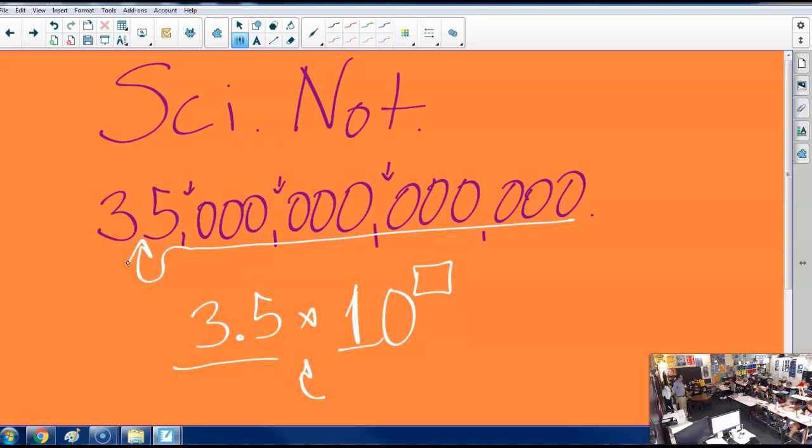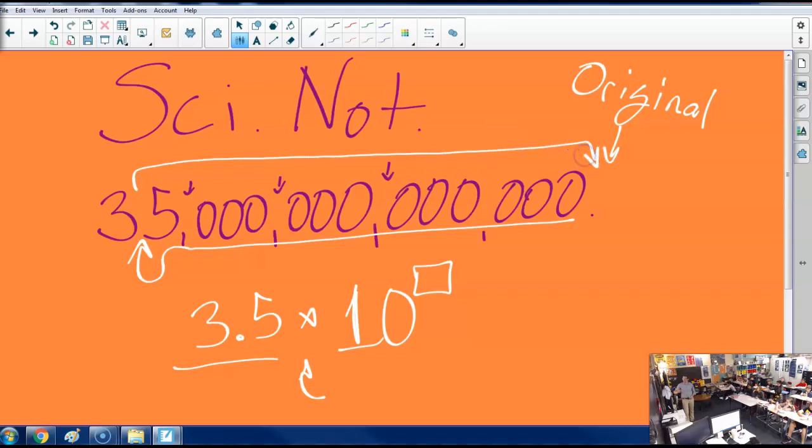How we determine our power is how many spaces or places the decimal needs to move to get back to the original location. So if this is the original number, that's the original location of the decimal. We have given a new home to the decimal right between our two numbers like we want. So we need to move it back 13 places to get back to here, meaning this would become 10 to the 13th.